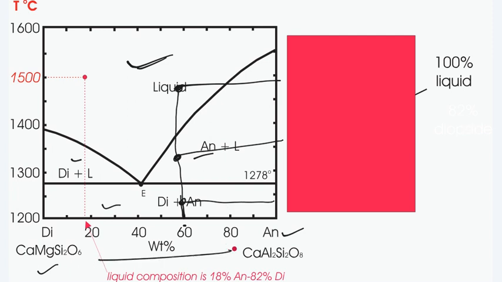Here we are taking composition. This is diopside, which is 100% at this point and 0 at the anorthite end. And anorthite is 100 here and 0 at this end.